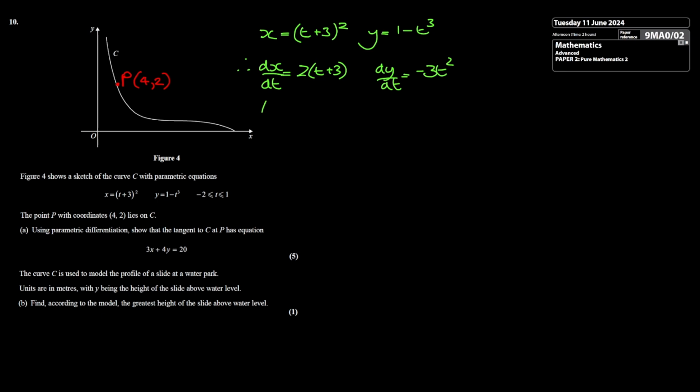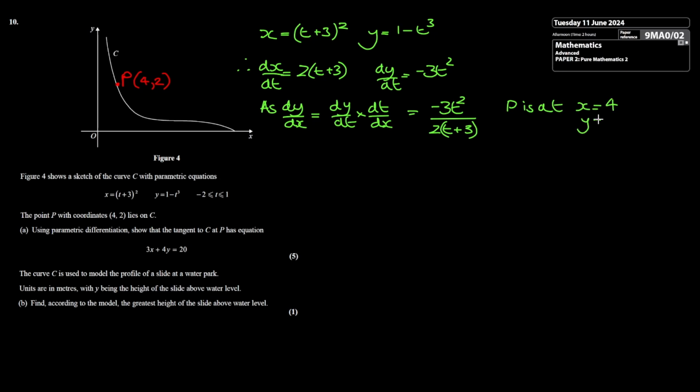So dy/dx, which is the gradient function of our curve C, is equal to dy/dt multiplied by dt/dx. Well, we've got dy/dt, so this is equal to negative 3t squared multiplied by the upside down version of this.